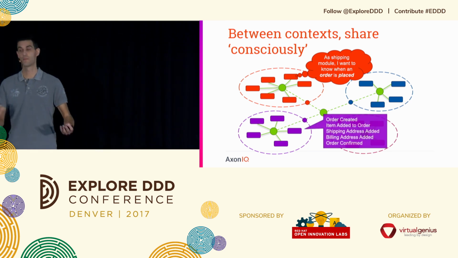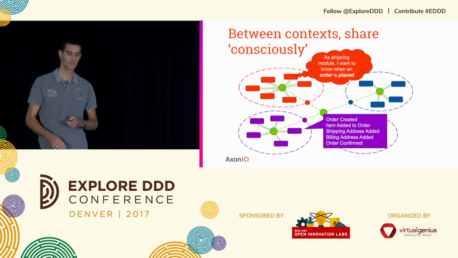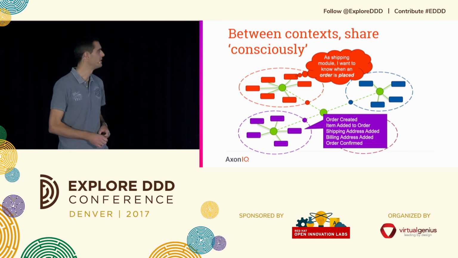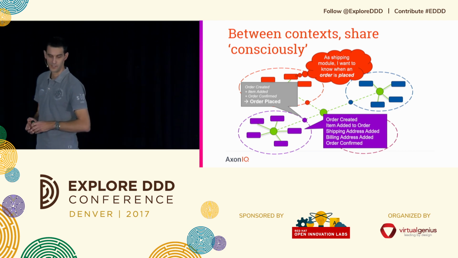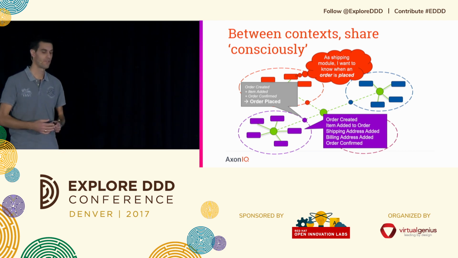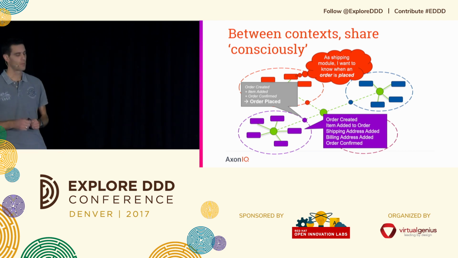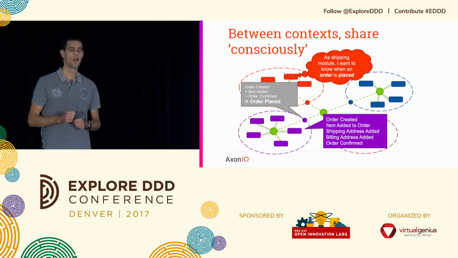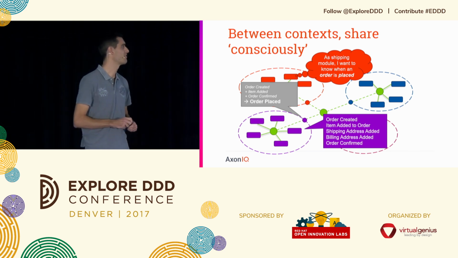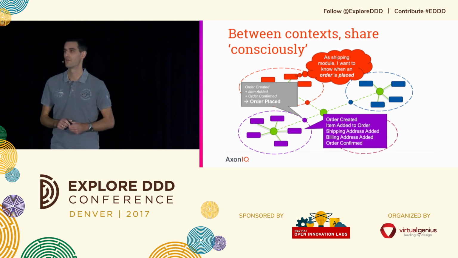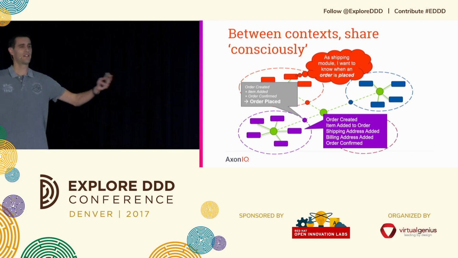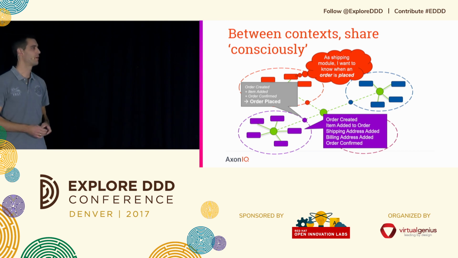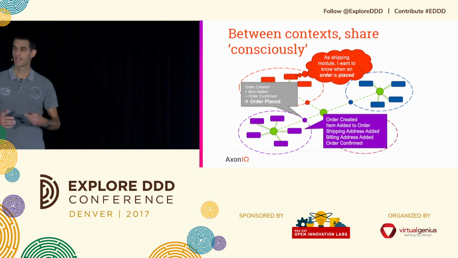And that component still speaks the language of order created, etc. And now we can have what you could call an anti-corruption layer or a translation component, whatever, that knows that placed is when an order is created, a number of items have been added, and then the order was confirmed. Now we can construct an order placed event that we can send out in the world and other components can safely use. So we get less coupling.